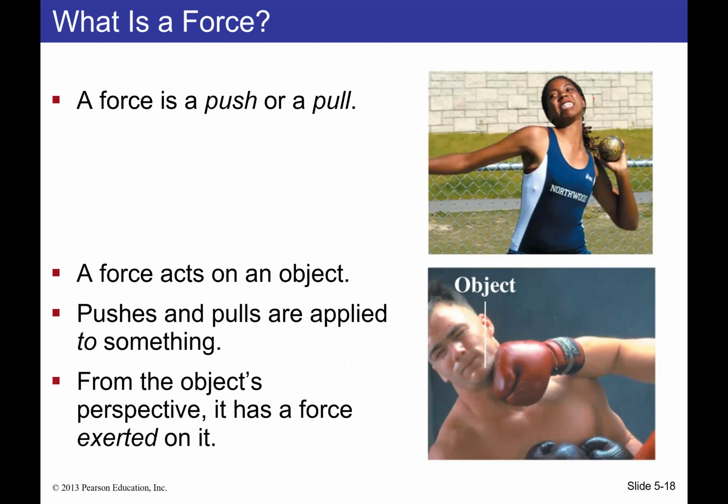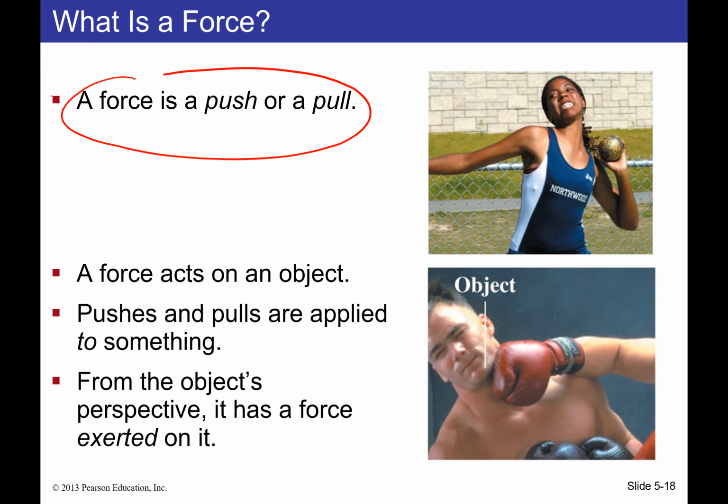All right, so first, let's identify what we mean by force. What is a force? Well, technically, any type of push or pull. So the basic definition of force is some kind of push or pull. Generally, you have an object that you have to identify, and then all the pushing and pulling is happening to the object of interest.